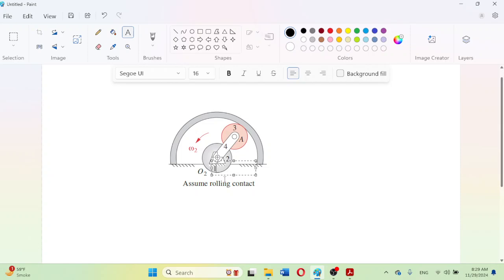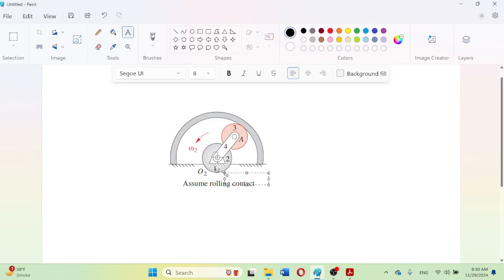This is instant center I1,2, like this. So this will be instant center I1,2, meaning between the ground and link number 2 there will be one instant center. This is a permanent instant center. So first of all we are determining the permanent instant centers.